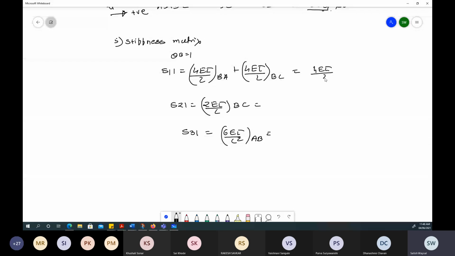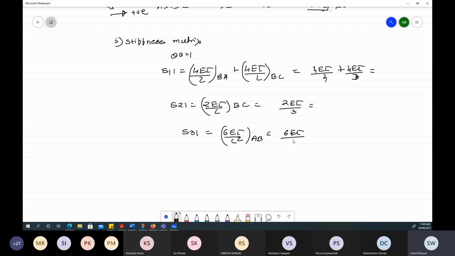4EI by L is 4 plus 4EI by 3. This you can have, this is 2EI by 3, and 6EI divided by 4 square.